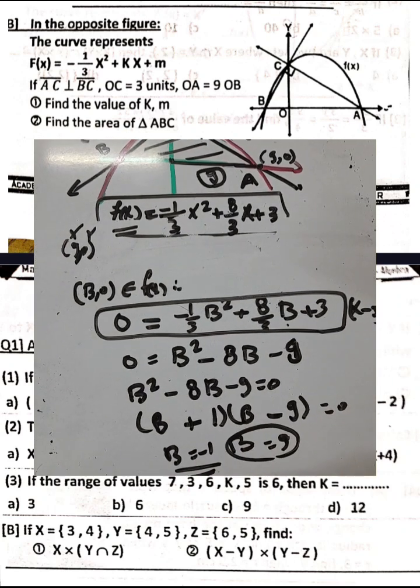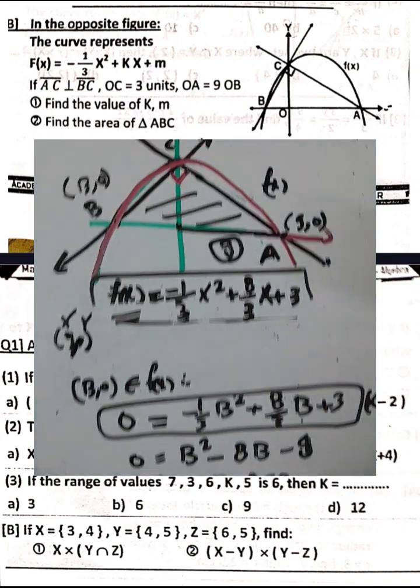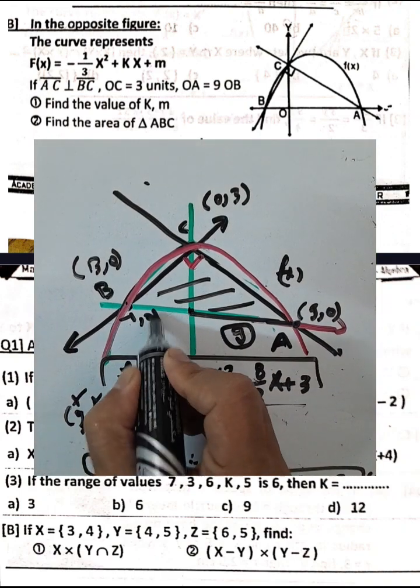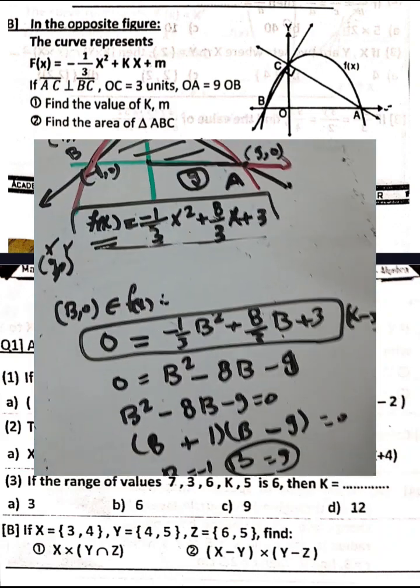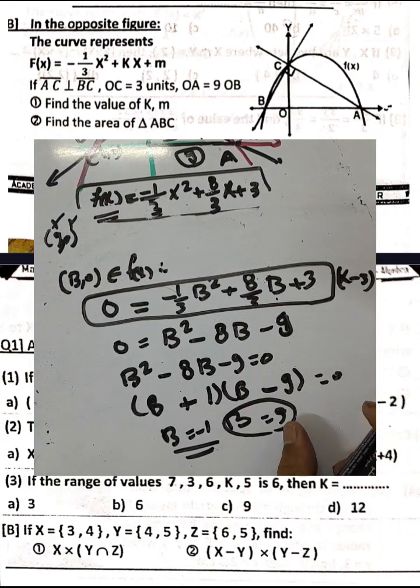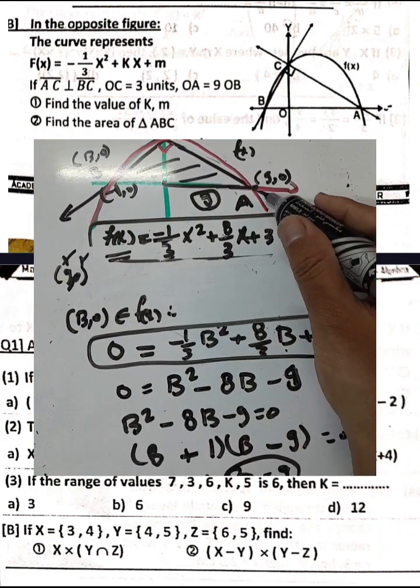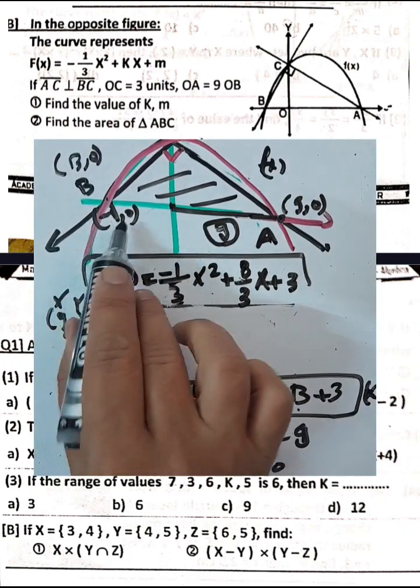Then this point will be (negative 1, 0). We have the solution, the intersection (9, 0) here, and the second here (negative 1, 0).